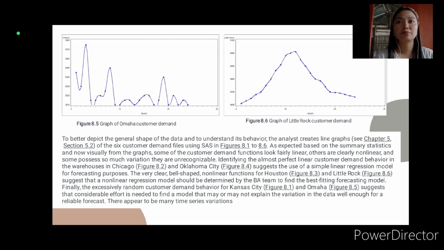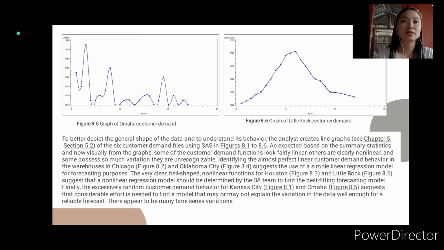Dito naman sa figure 8.5 at saka figure 8.6, to better depict the general shape of the data and to understand its behavior, the analysis creates line graphs of the 6 customer demand files using SAS in figure 8.1 to 8.6 as expected based on the summary statistics.